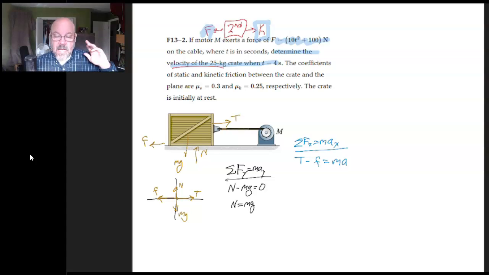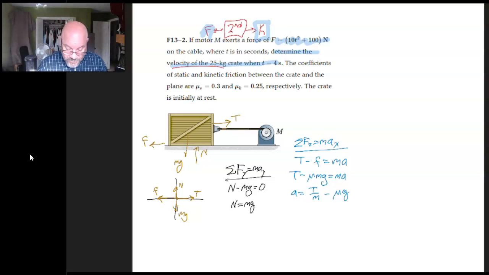We know T, and what do we know about F? Well, we can put mu mg, just like that. In fact, we could go a step further and say our a is going to be T over m minus mu g. Well, that's kind of cool.